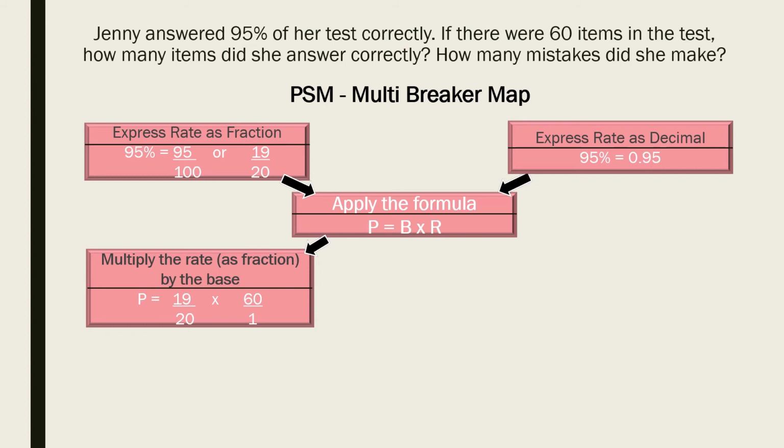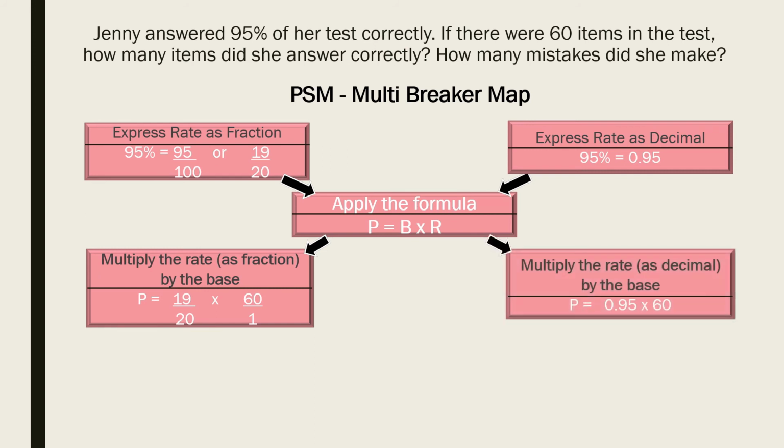Again, since our base is a whole number, we will make it a fraction. Don't forget to rename it as a fraction, because that is our rule in multiplying a fraction by a whole number. So that is 60 over 1. Now, let us multiply our rate as a decimal by the base.